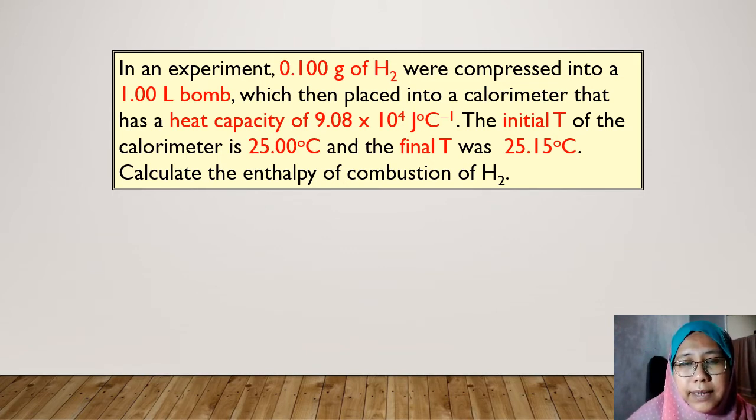It is then placed into a calorimeter that has a heat capacity of 9.08 times 10 to the power of 4 joule per degree Celsius. So heat capacity of calorimeter is given to you, the capital C. And the initial temperature is 25, the final temperature is 25.15, the delta T would be 0.15 degrees Celsius. Calculate the enthalpy of combustion.